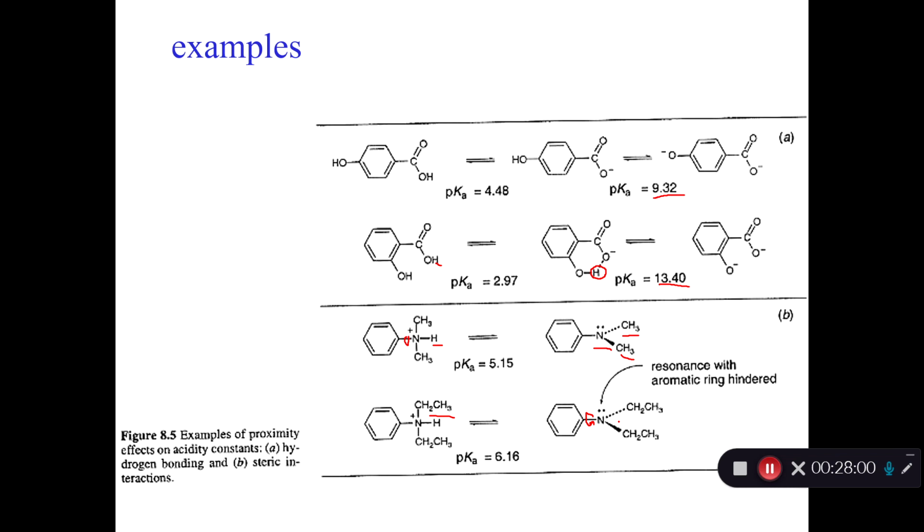And as a result, this thing rotates so that the lone pair electrons are out of plane. They're not resonating with the ring anymore because they don't have the right geometry. And consequently, the pKa goes up by a whole order of magnitude. So steric effects can have a big influence on the pKa of these compounds. That's a good place to take a break.